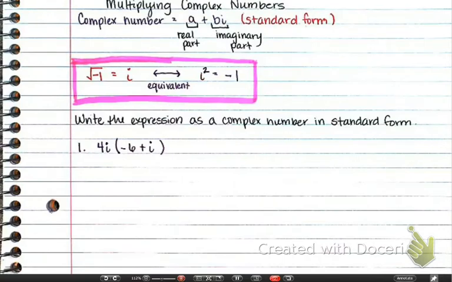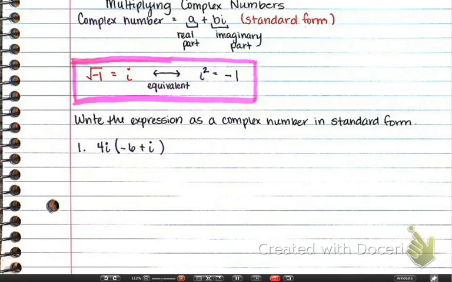So I have 4i times negative 6 plus I. Okay. What does this look like to you? I heard it from MJ. Anyone else? What does this look like? Distributive property. It's what you've been doing for years, right? So let's distribute, just like normal.